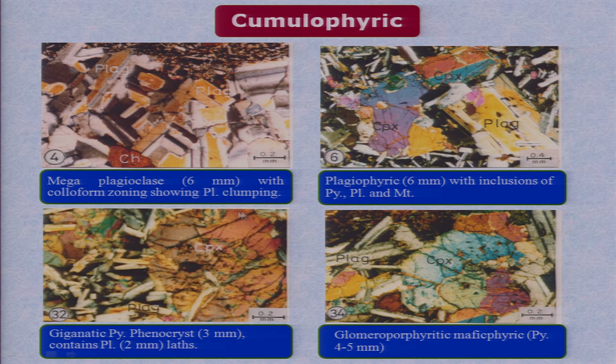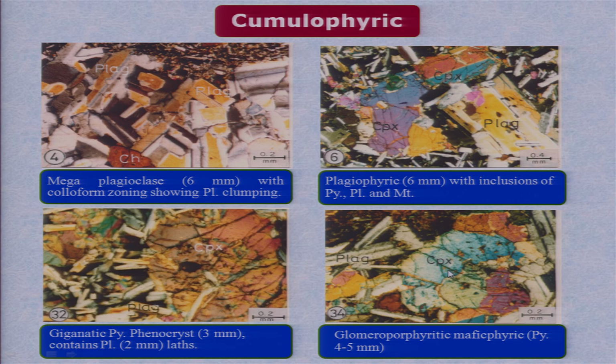This is a gigantic pyroxene crystal. See the entire field of view, only one phenocryst is lying and the size is almost 3 millimeter. It contains rod like smaller size plagioclase crystals. So, many rod like plagioclase crystals are embedded within the gigantic phenocryst.